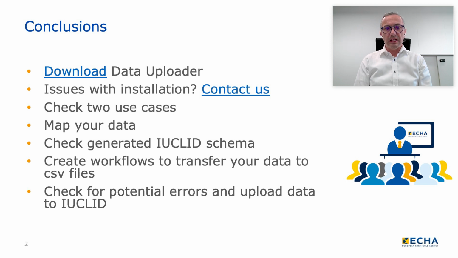You will create a workflow to transfer your data into Euclid CSV files. Use cases, workflows, and instructions in the data uploader package can be a great help and guidance.